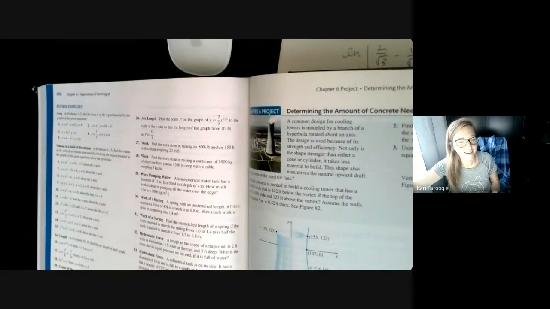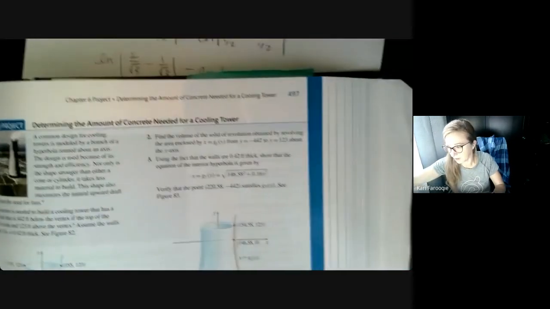So the chapter review is on page 496. It's right here, and it's got this blue edge to it. Any of these area problems would be fine. Number 3 would be good because it has x equals types of equations.